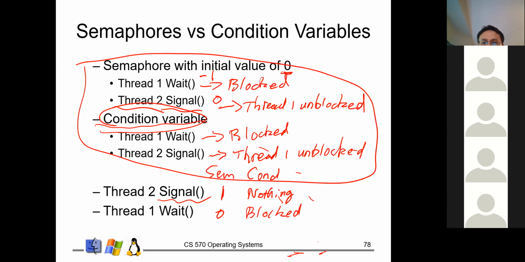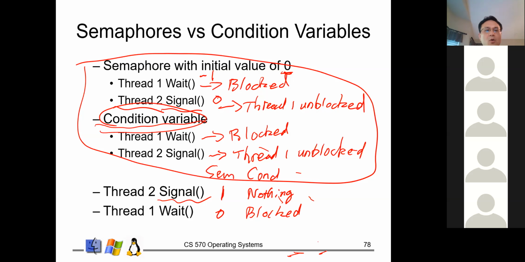So essentially, you can see the difference, right? The semaphore has a sort of memory of the history. The semaphore tracks this integer, like it has its own memory, okay?